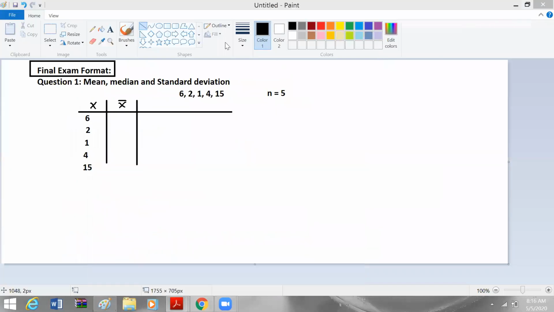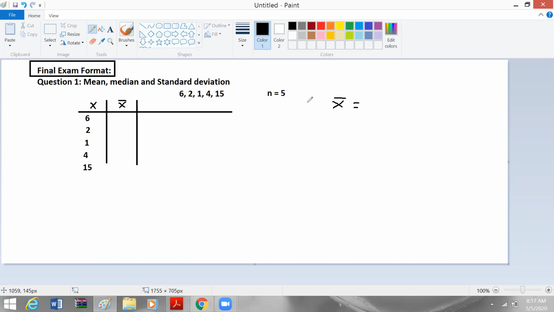So all we need to do is take x bar equal to, so let me just do that again. We're going to have x bar. This is the thing that we learned from chapter 3. Remember, the final exam will be starting from chapter 3 up to chapter 9. So every chapter we have a question like that.